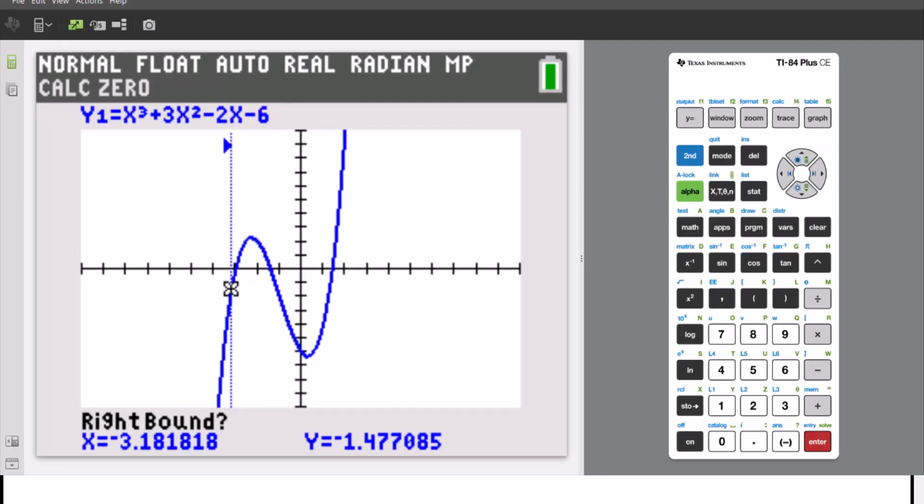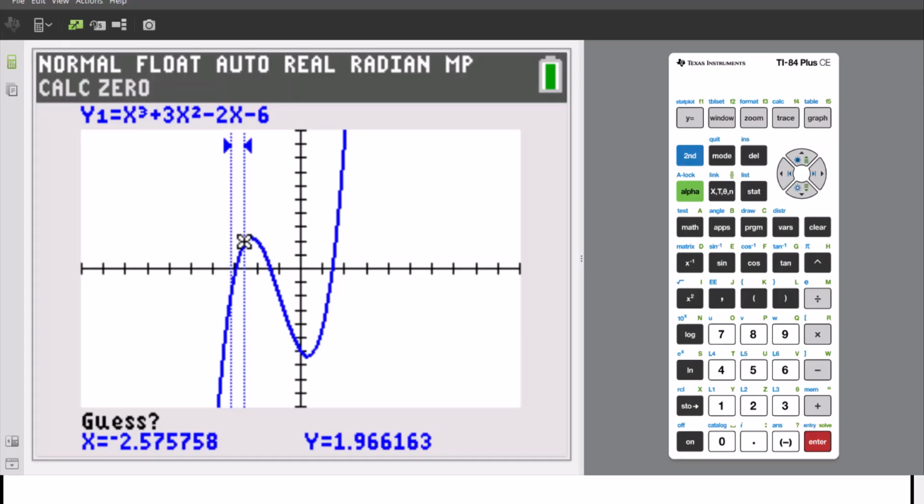All I have to do is move a little bit away to the right of the intersection. My intersection is somewhere around here, so I'm going to move to the right of it and click enter again. Now my calculator wants to know whether it needs to guess the answer or not. Obviously, I wanted to guess the solution, so I'm going to click enter.